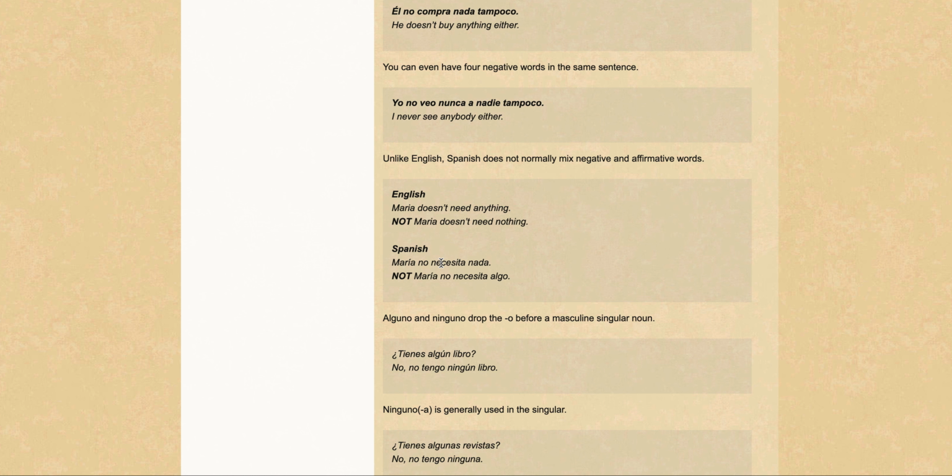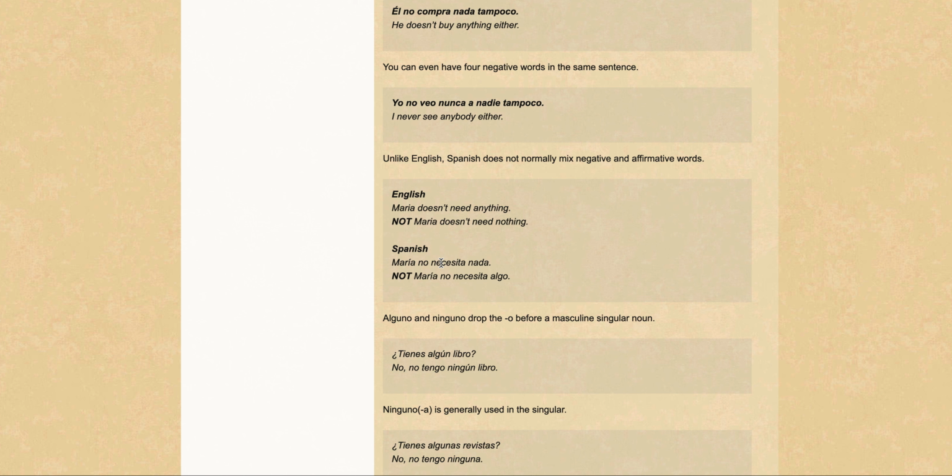No is negative, nada is also negative. You cannot mix; it should be the same category. No and nada are both negative. So we don't mix affirmative and negative words.